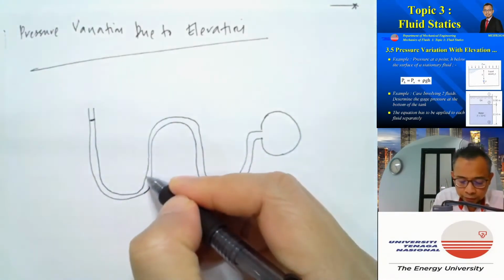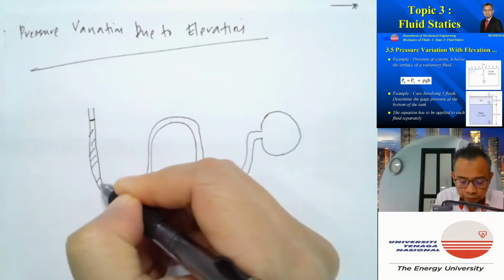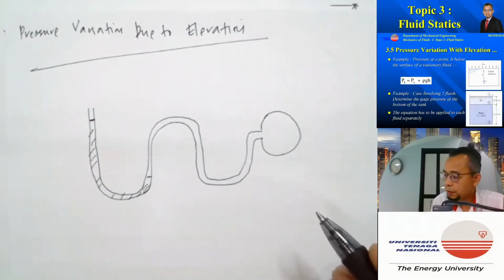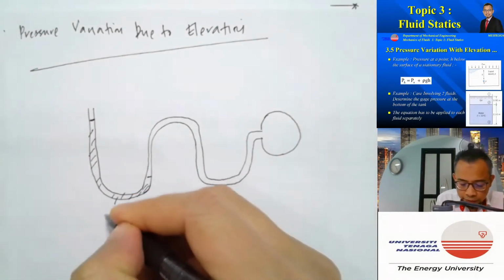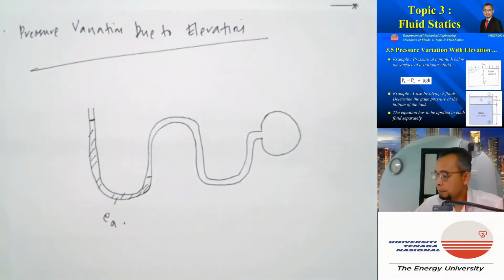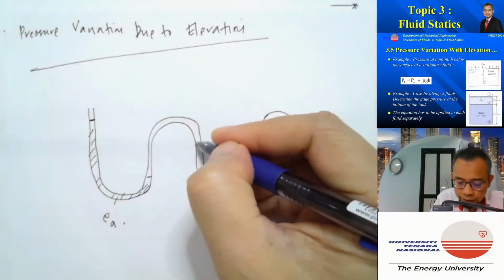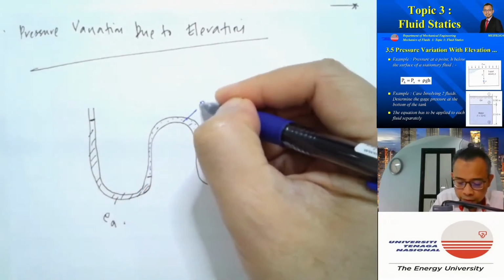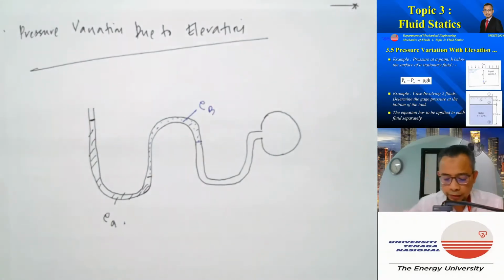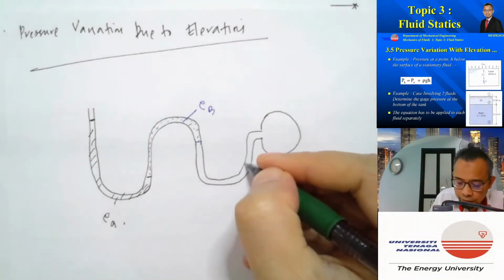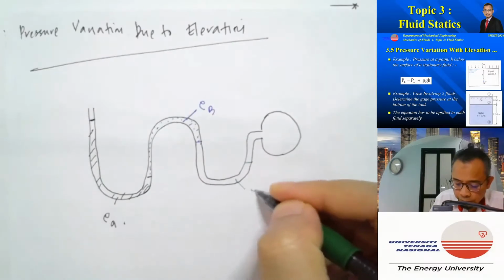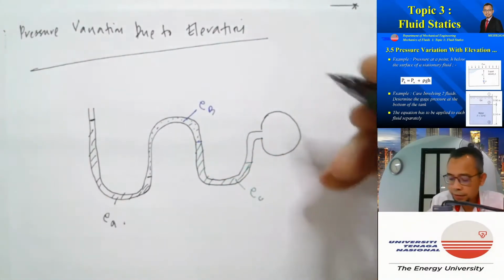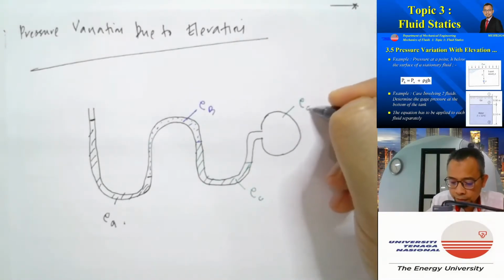This is the first manometer fluid, and the density of this fluid is rho A. Then we have a second fluid here, where the density is rho B. We have a third fluid here, where the density is rho C. And the fluid in the pipe itself has a density of rho D.